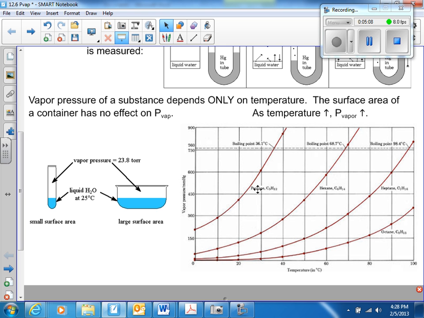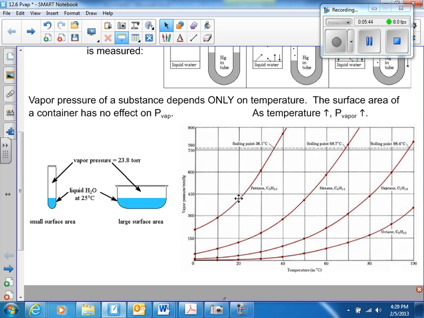Now notice, pentane has a lower total number of electrons than hexane, so these are both nonpolar. They both have only London dispersion forces. These have stronger London dispersion forces because it's a larger molecule. And therefore, at the same temperature, notice hexane's vapor pressure is lower because the intermolecular forces are holding those molecules together better, so fewer molecules leave the liquid phase to go to the gas phase.